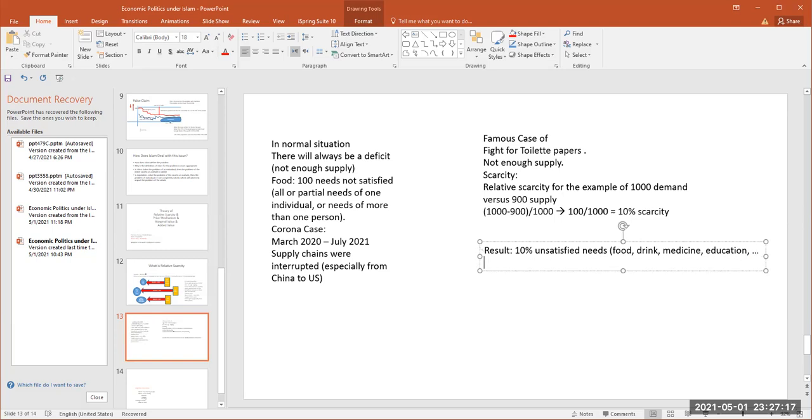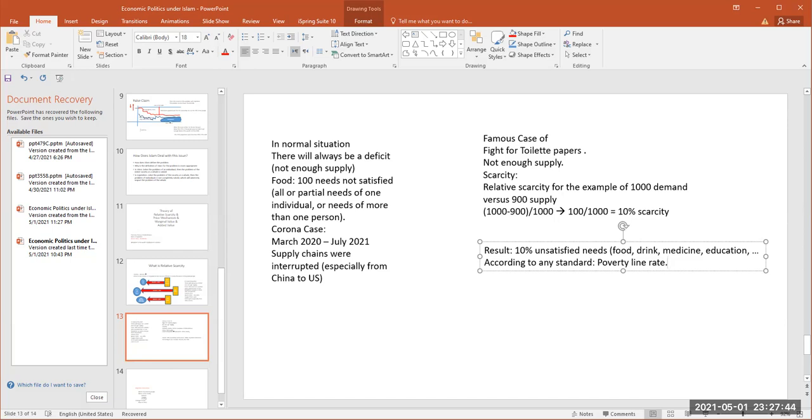According to any standard, in fact, this can be called the poverty line. So what's the poverty line?